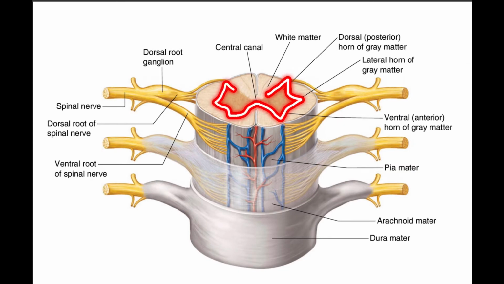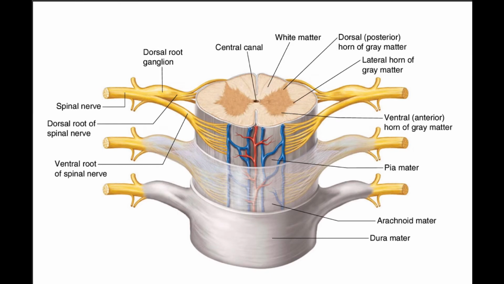Why is this area dark and the surrounding area very light in color? This dark area has the cell bodies of neurons, that is, this area is the gray matter of the spinal cord, and the surrounding area is the white matter, which has the axons of neurons.